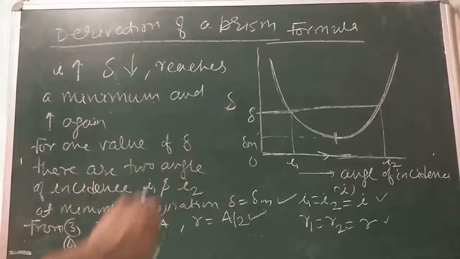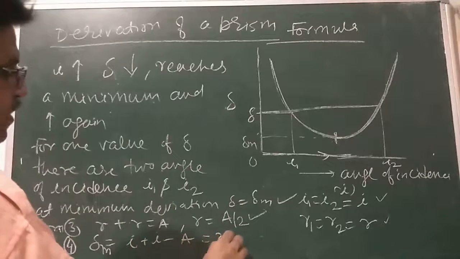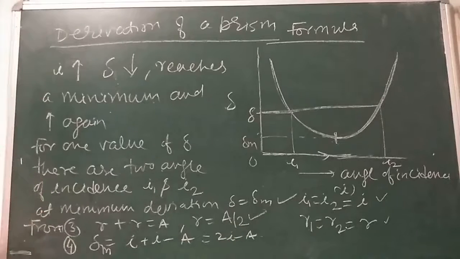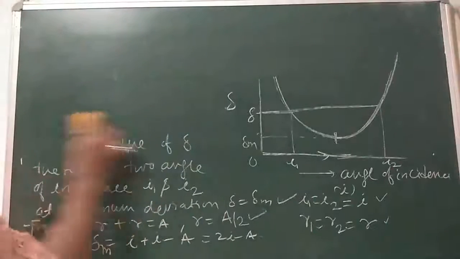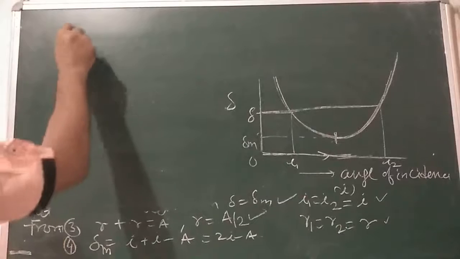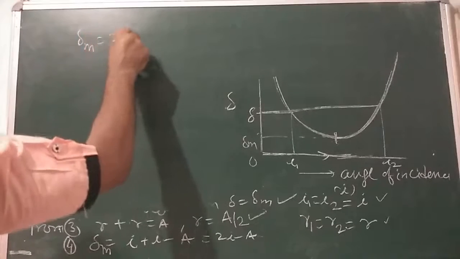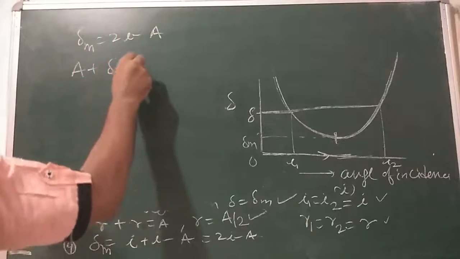I1 is equal to I, I2 is equal to I, so you can write I plus I minus A, that is 2I minus A. So dear children, I can say delta M is equal to 2I minus A. So A plus delta M is equal to 2I.